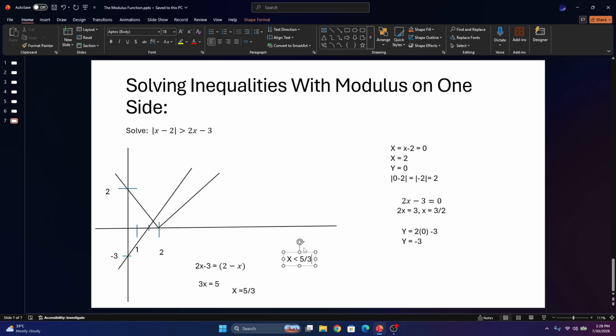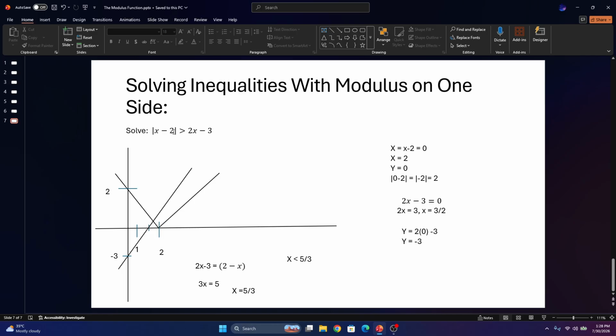Now let me explain it a bit more. As you can see, this is the point of intersection, which is 5 by 3, and before this point the graph of the modulus is going upwards like in the inequality that we were given, while the graph of the line is going downwards, which basically shows that the y coordinate of the modulus graph is greater than the y coordinate of the line.